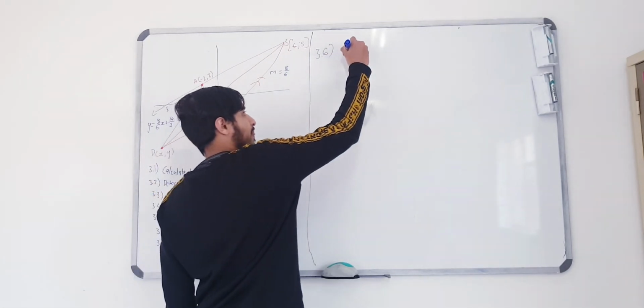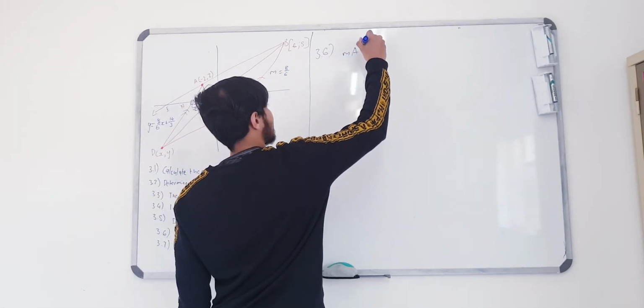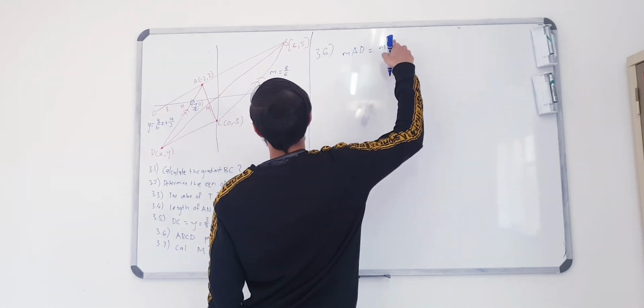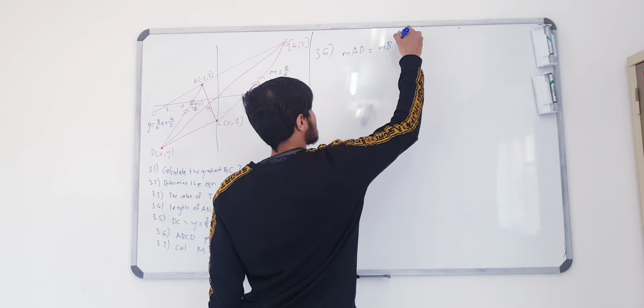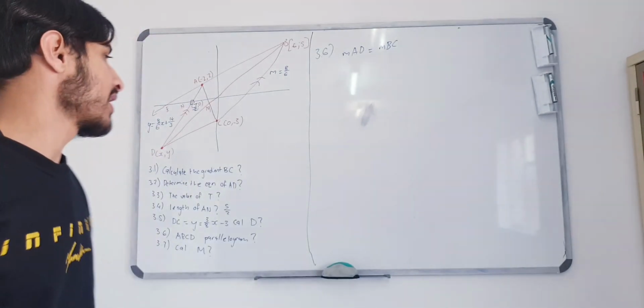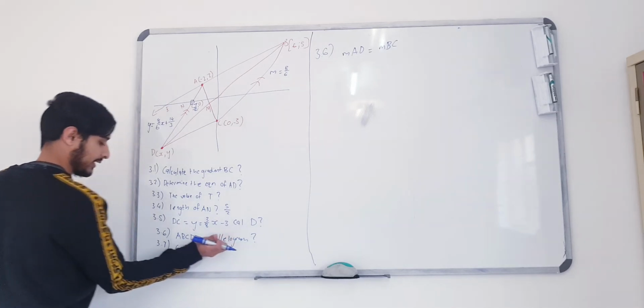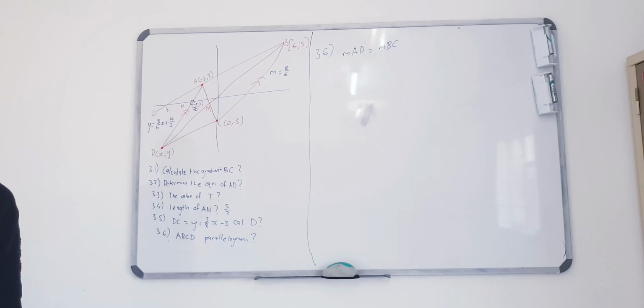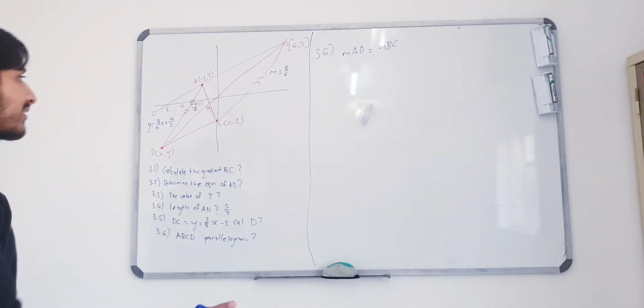Because m of AD is equal to m of BC, we can already say that it is a parallelogram. There's nothing more you need to do there.